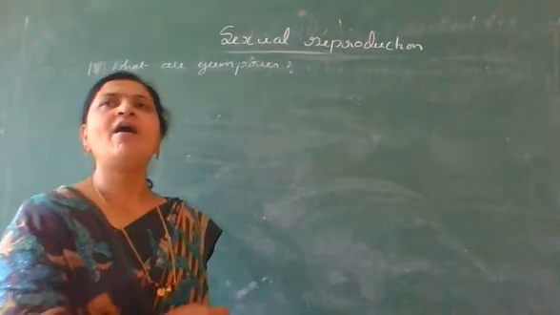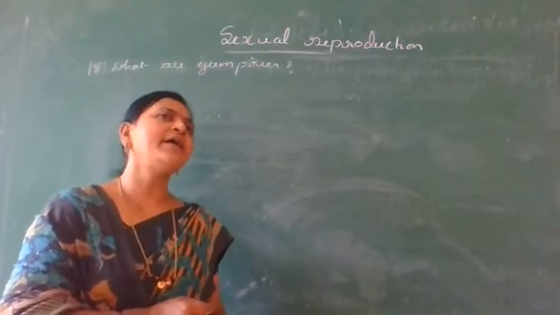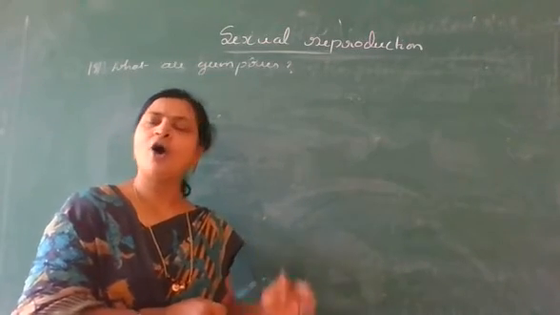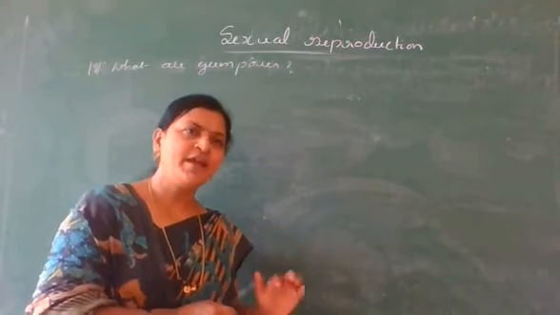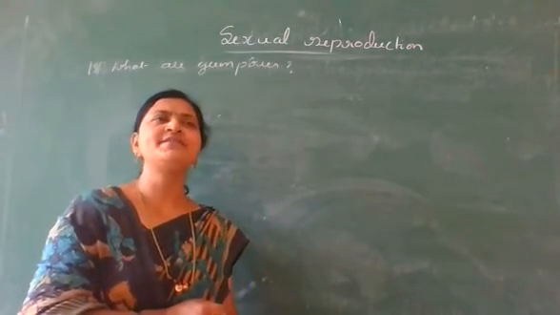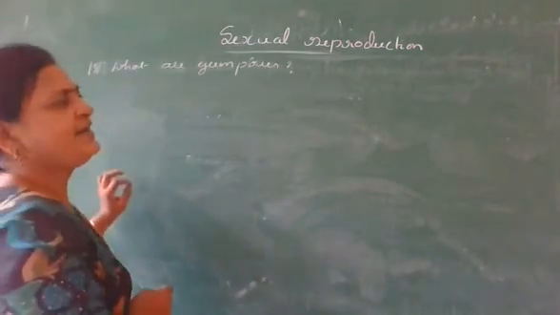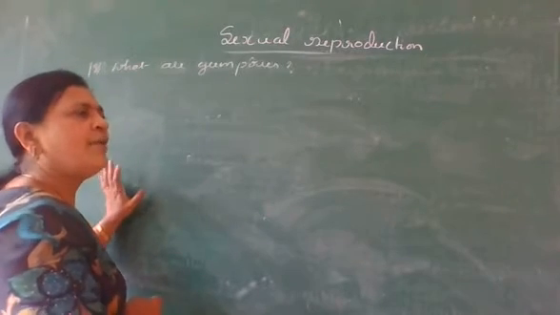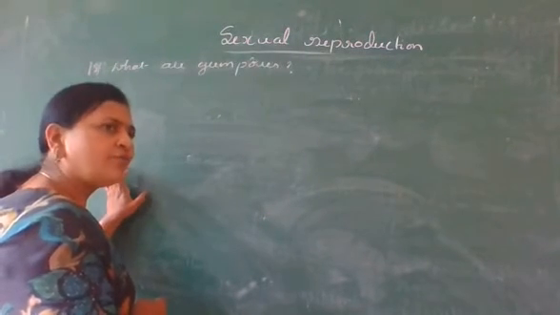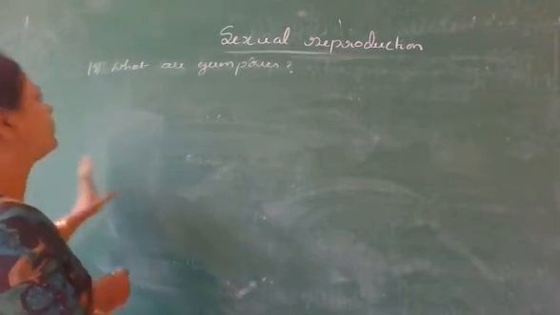Germ pores are unthickened zones of the exine where sporopollenin is absent, and they are the site of penetration of the pollen tube.